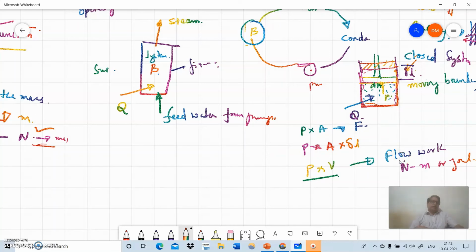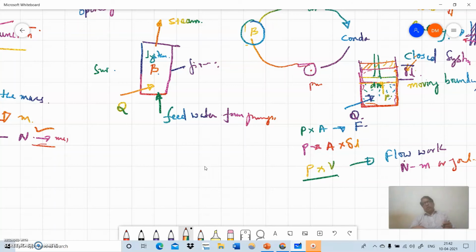Whether the expansion is carried out against the outside atmospheric pressure, if it is expanding against the atmospheric pressure, and that is constant, in that case we can take it as an outside pressure. So this is a closed system, and you have learned what the open system is.